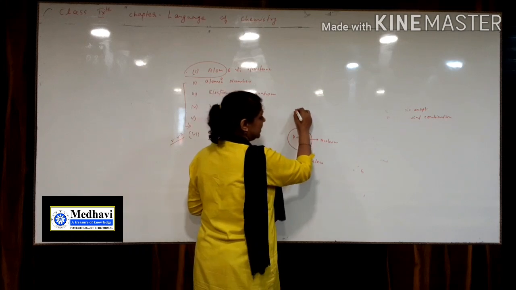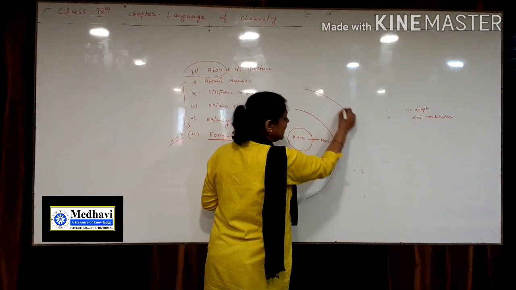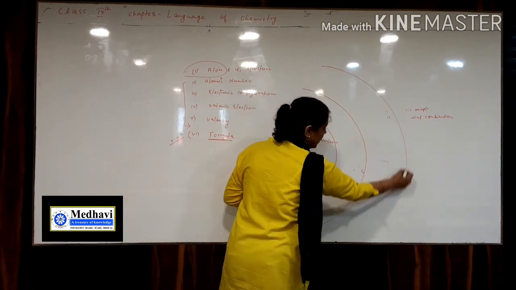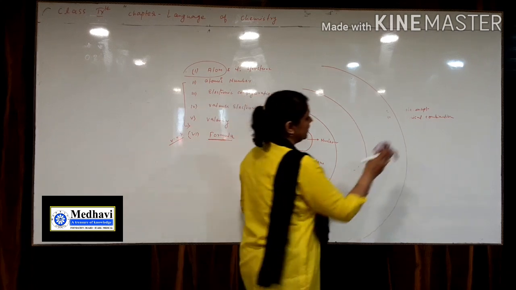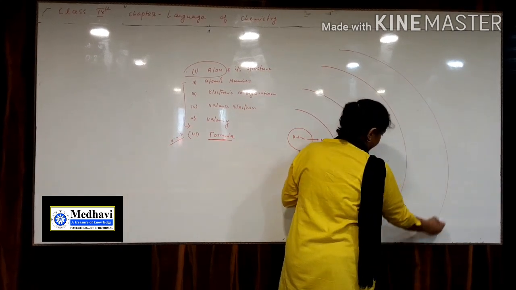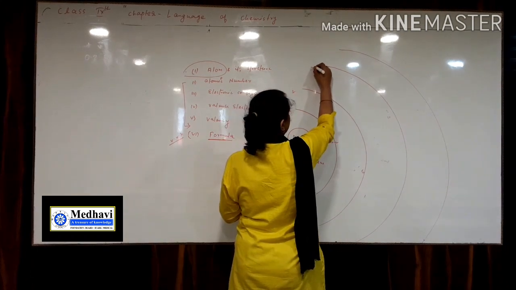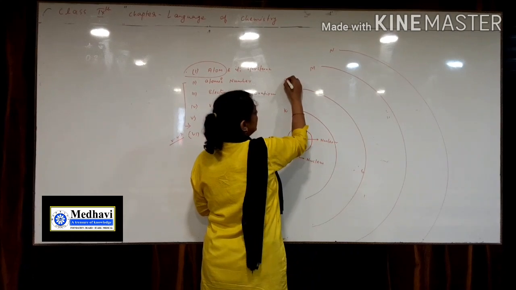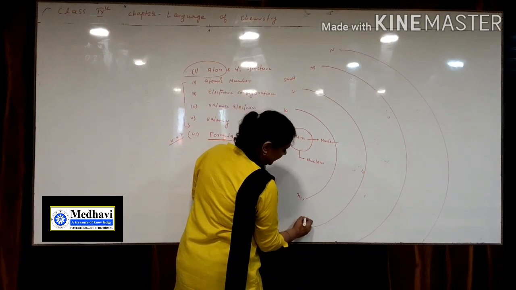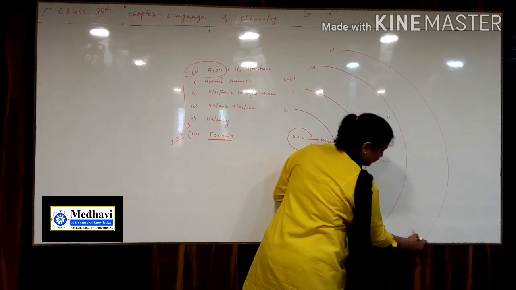Just outside the nucleus, there are imaginary circular orbits, which are called shells or orbits. This is K shell, L shell, M shell, or you can also say orbit. n equal to 1, n equal to 2, n equal to 3, n equal to 4.